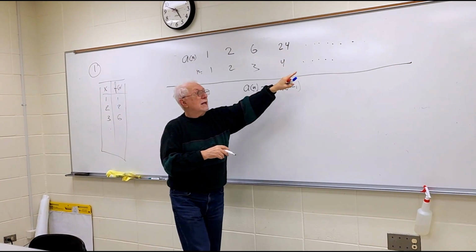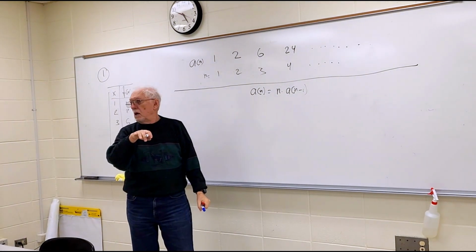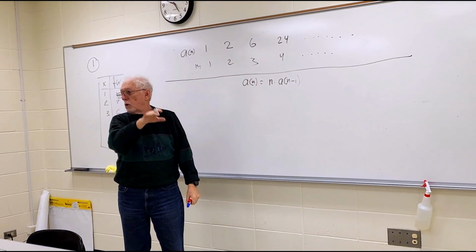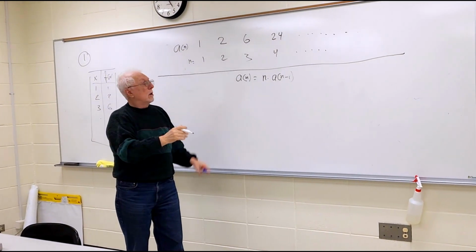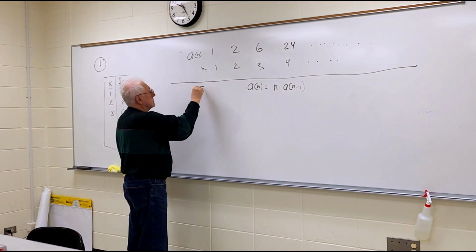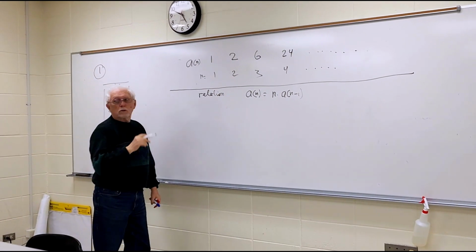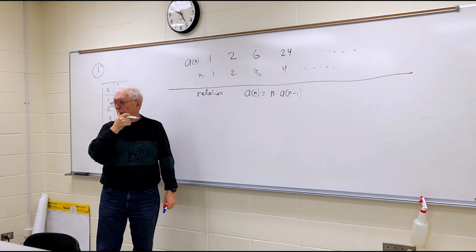If something here or somewhere else will not satisfy, it's a different function. I don't know that function, I don't want to talk about it, okay? So, recurrence relation. That was introduced in chapter 5, agree?